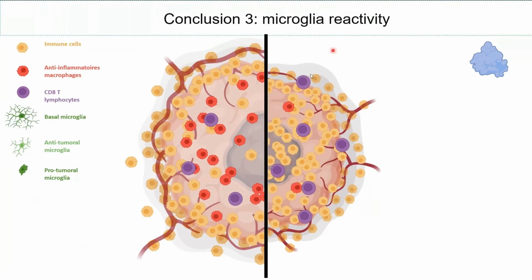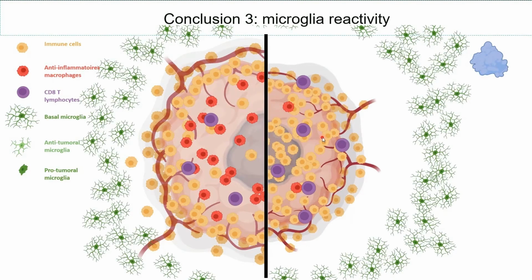So to conclude this part on immune cell composition after our treatment, in addition to a decrease in anti-inflammatory macrophages and an increase in CD8 T cells, we have these basal microglia, which are present in clusters in control tumors, and which become activated, pro-inflammatory and anti-tumoral upon our treatment.